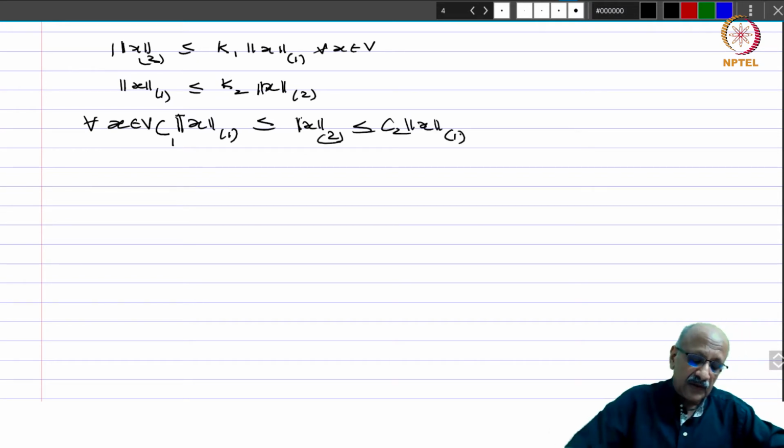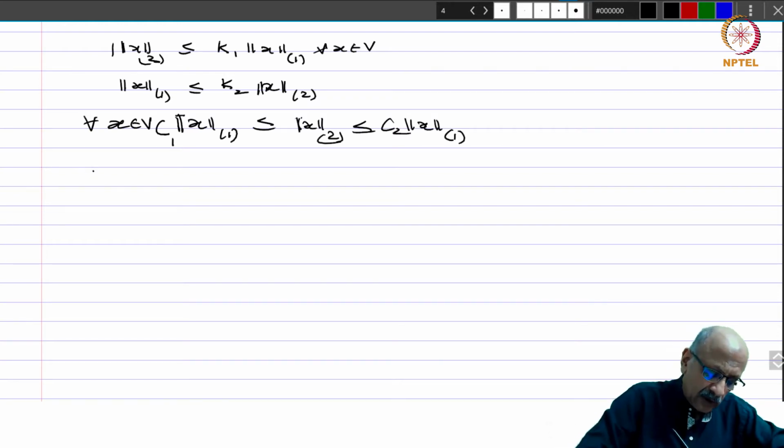So this is a necessary and sufficient condition for two norms to be equivalent, which means of course that the topologies are the same, or in other words that the identity map is an isomorphism.